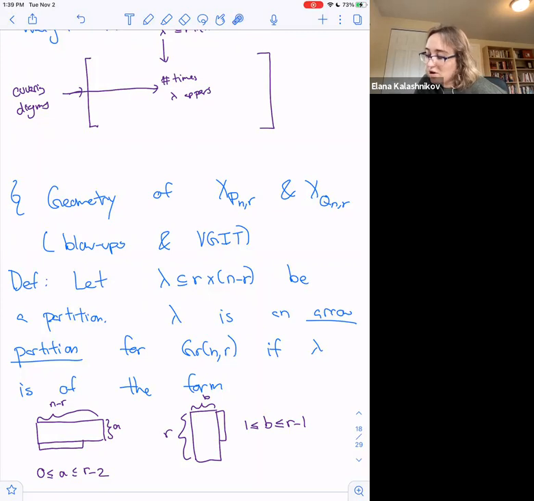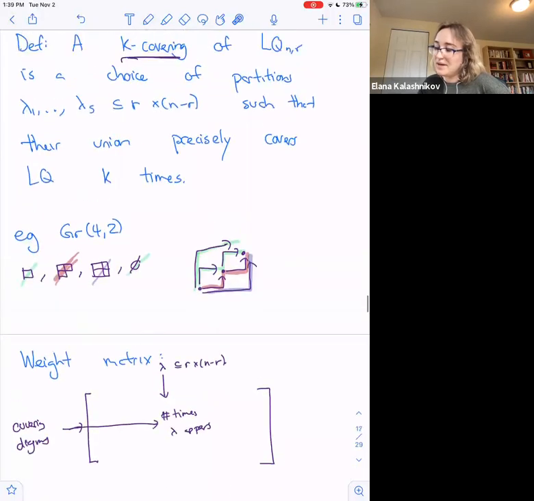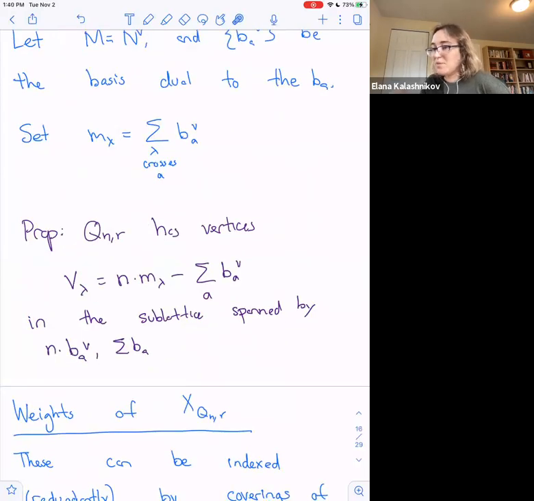So the arrow partitions form a special subclass of all of the partitions fitting inside the r by n minus r dimensional box. And because we know that vertices of Q_{n,r} are indexed by partitions, it's telling you a special subset of the vertices of that polytope.